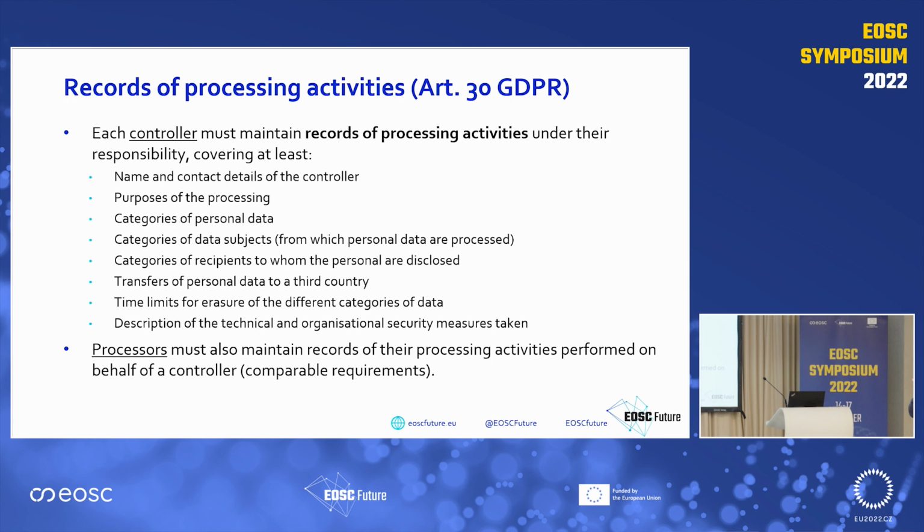It's important when you set up a processing activity that your granularity is not too low or too high. For example, in the HR context, the HR department of a company processes personal data in many different situations: education, professional education, recruiting, HR management, salary and payment processing and all this stuff.